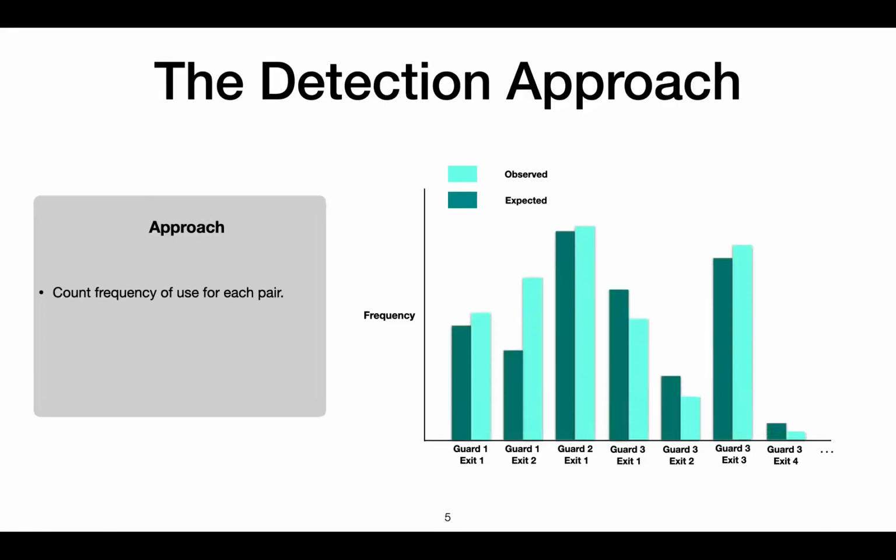We will compare the expected frequency on the left to the observed frequency on the right. In this way, we can identify pairs where the observed frequency is unexpectedly high. An expected frequency distribution can be obtained using a Tor consensus document. As I will cover again later, we find that using the expected distribution obtained via the consensus document was a reasonable choice for this comparison.